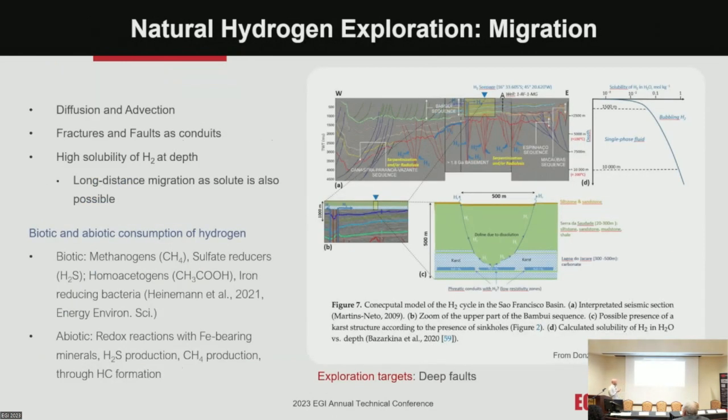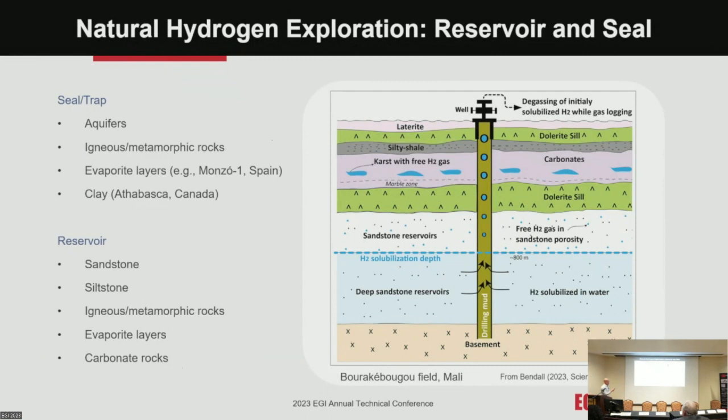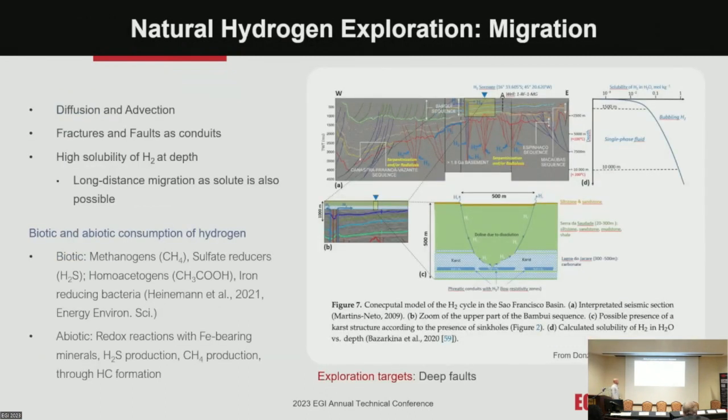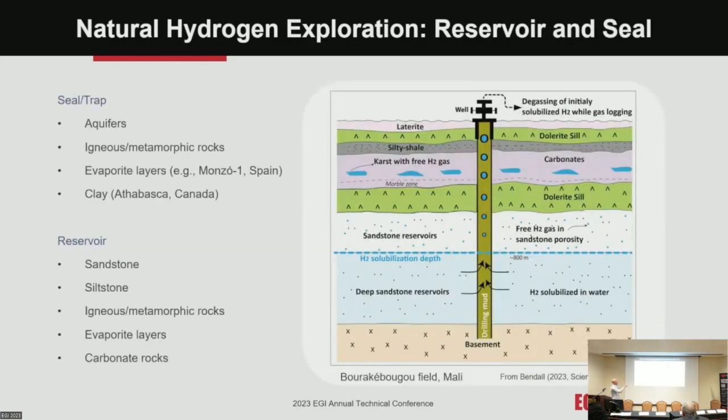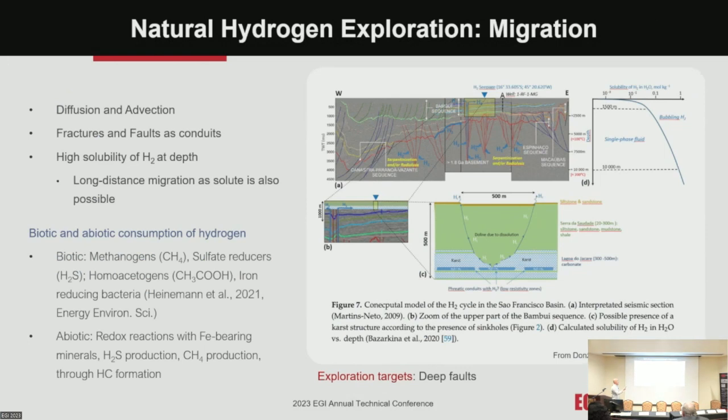Okay, migration. So it's supposed to be similar to oil and gas: basically diffusion, advection, and then faults acting as a conduit. Also, long distance migration as a solute is possible, because at depth the hydrogen is soluble in water.